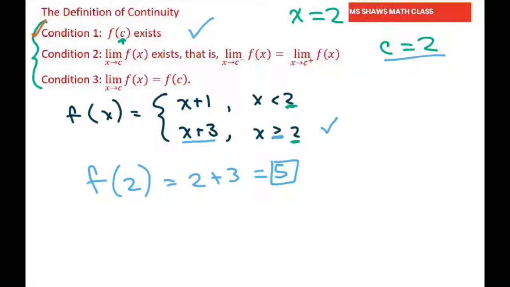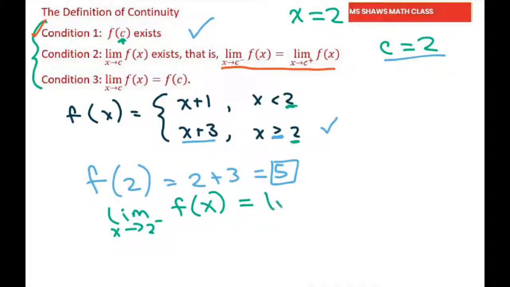Now, condition 2: we have to see if the limit exists at c. What that means is that the limit from the left-hand side of 2 equals the limit from the right-hand side of 2. So you just write this out: the limit as x approaches 2 from the left of f of x is supposed to equal the limit as x approaches 2 from the right of f of x.